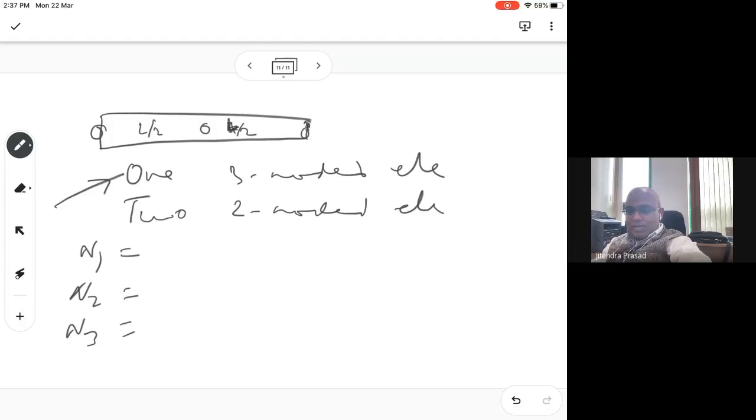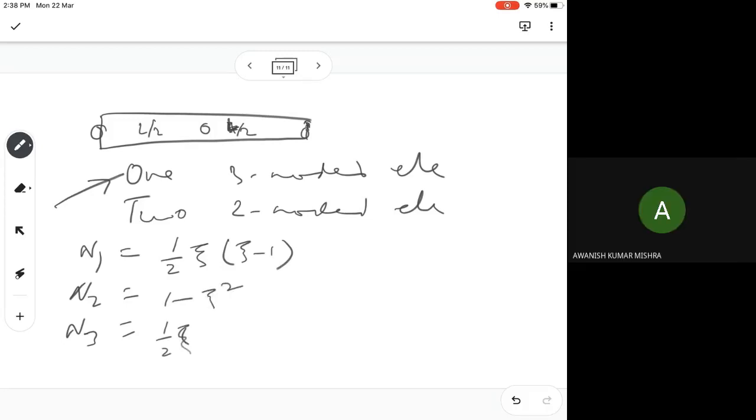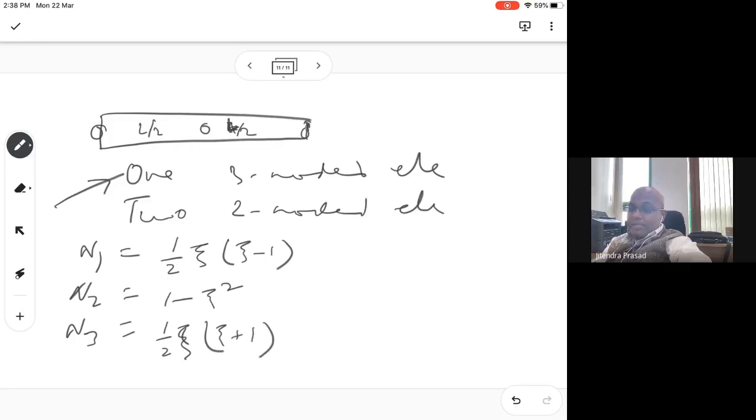For N1, N2, N3, as you know, for any one, this becomes half xi times xi minus 1, this is 1 minus xi square, and you get half xi times xi plus 1. This is when xi equals minus 1 here, xi equals plus 1 here, and xi equals 0 here. And you have to do the transformation.